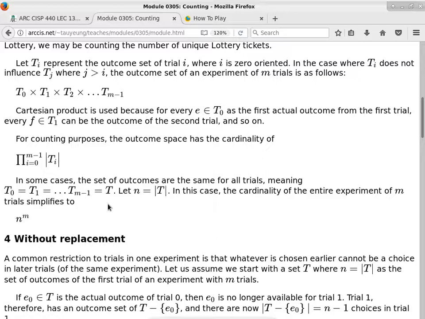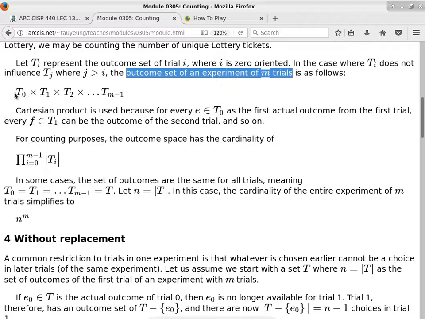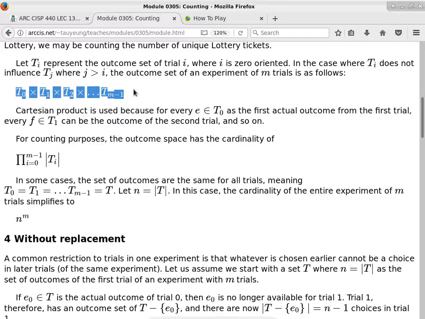If it has no bearing and they're not related in any way, then you can just use this particular method, where the outcome of an experiment of m trials is really just the Cartesian product of all the outcomes of the individual trials. Are there any questions about why we are using Cartesian product here instead of union or something like that?